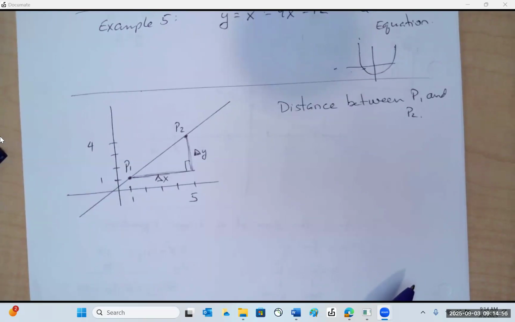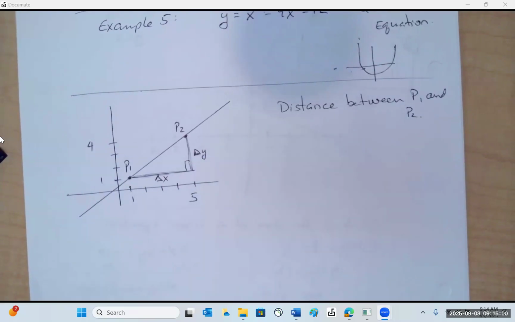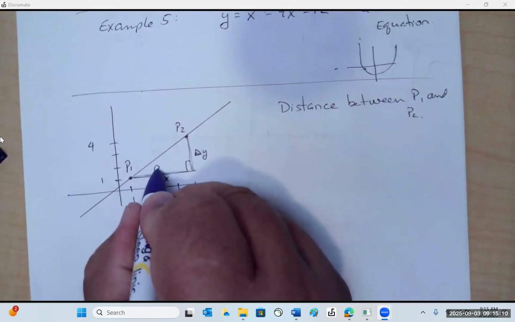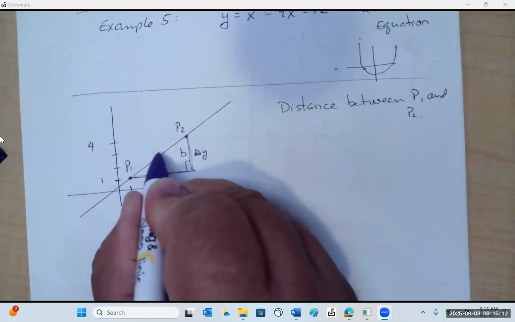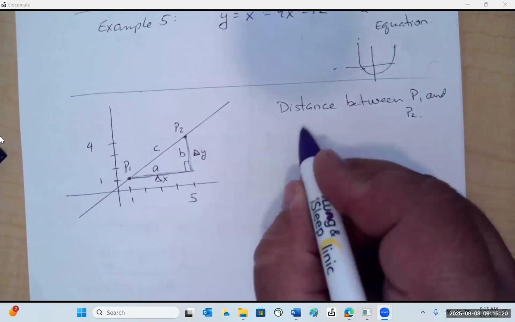Well, yeah, the slope would be easy to find because it's delta y over delta x. We did that, yes. But is there another formula you know? How about if I call this A and I call this B and I call this C? Now, do you know the formula?